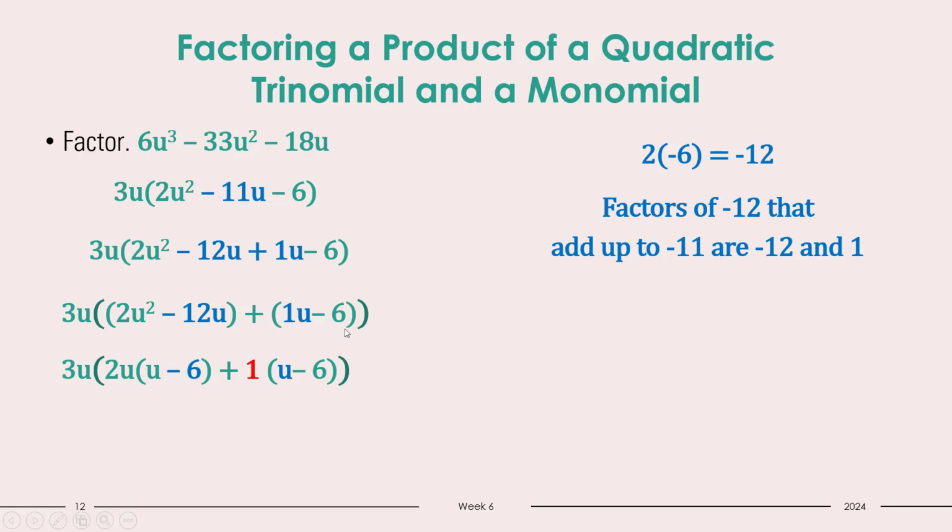Here, we don't have anything in common, but that's okay because it's already u minus 6. However, I did put a 1 out front, just to hold its place when we get ready to factor. So now for these two, they have in common u minus 6. We're going to be left with 2u plus 1.